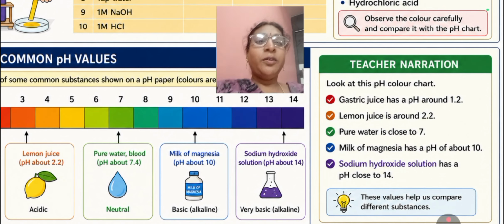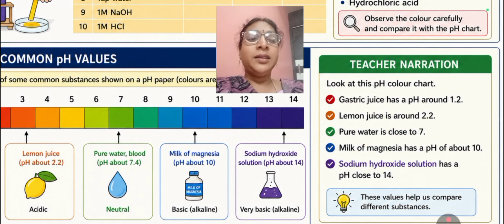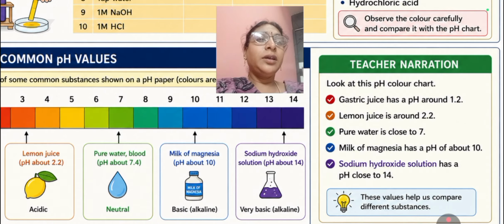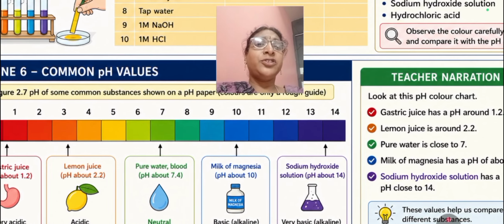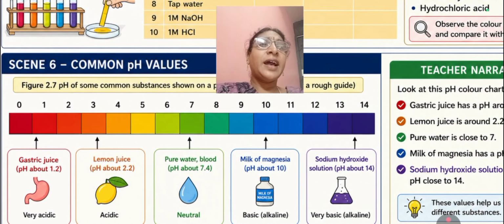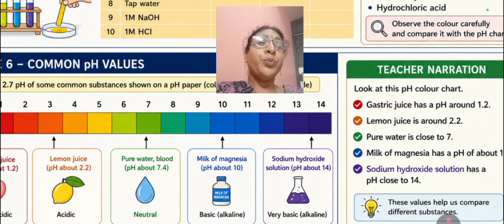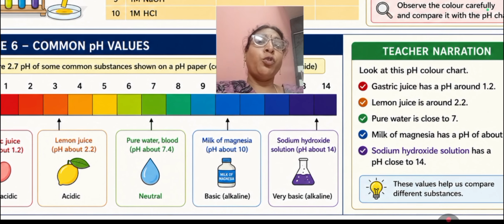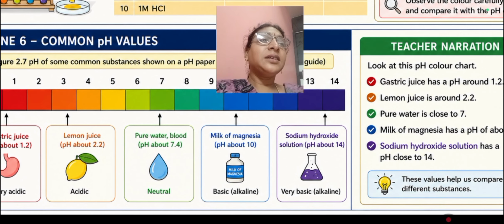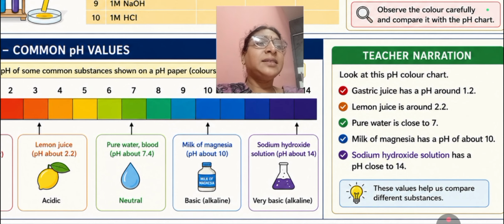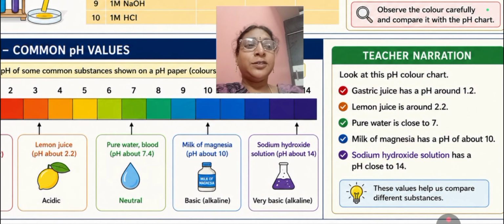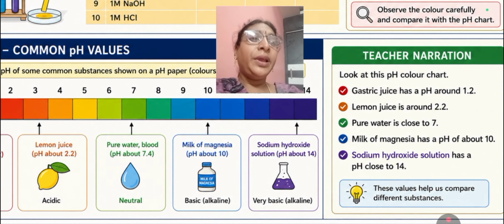Once again, let us remember what we learned in this topic. Look at this pH color chart. Gastric juice has a pH of 1.2. Lemon juice is around 2.2. Pure water is close to 7. Milk of magnesia has a pH of about 10. Sodium hydroxide solution has a pH of 14.